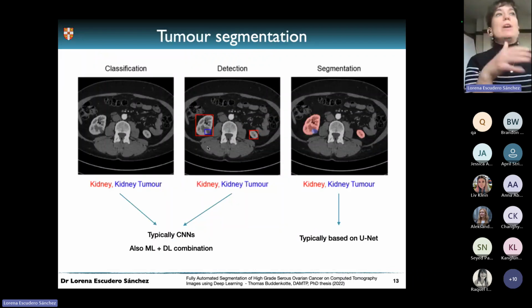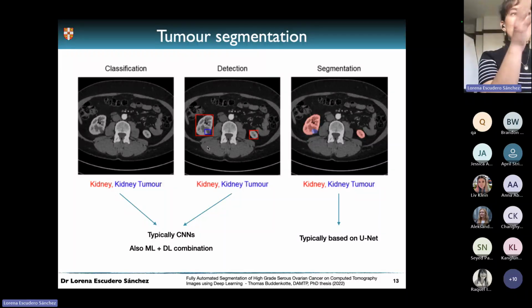Now, when we talk about detecting something, for example, the tumor, there are different ways in which we can mean that detection. The easiest detection would be I give you the image and you tell me there's a kidney or there's a kidney tumor. So you give me a label. That would be simply a classification. In this image, there are these two labels.